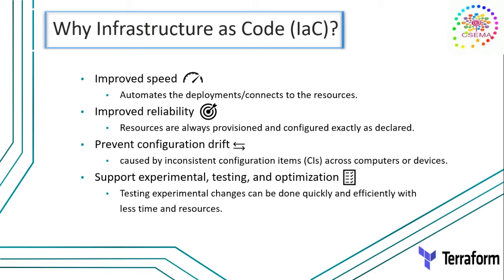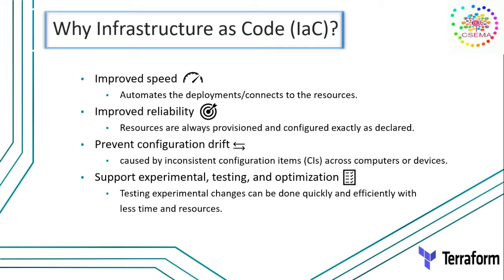Features of IaC are improved speed, as it automates the deployment, and it also improves reliability. Resources are always provisioned and configured exactly as declared. There are no misconfigurations while declaring the object and provisioning the resources. IaC prevents configuration drifts.